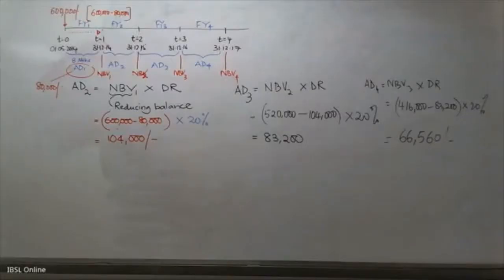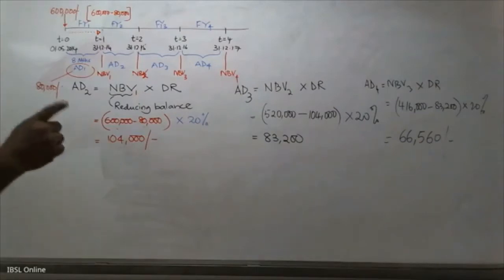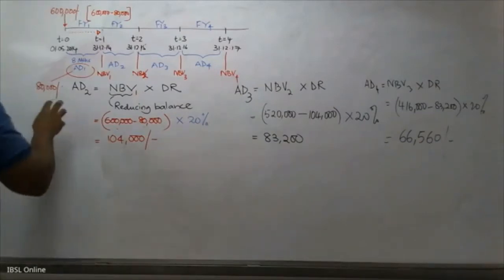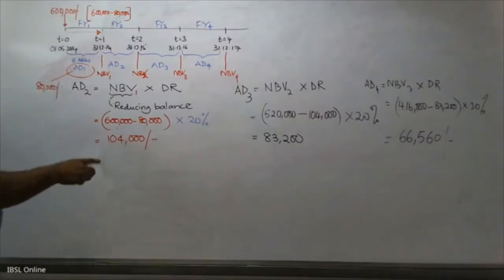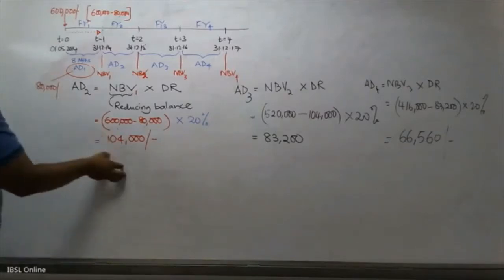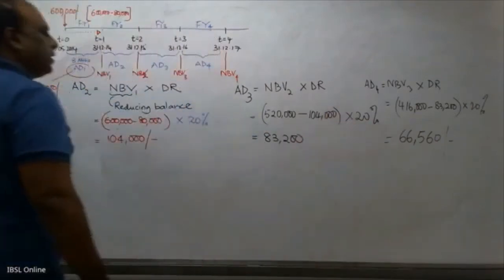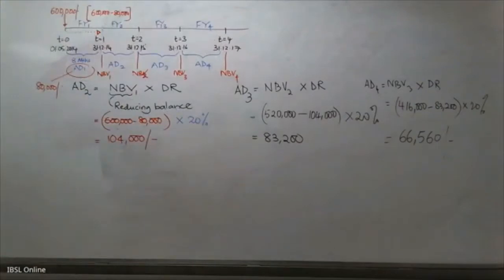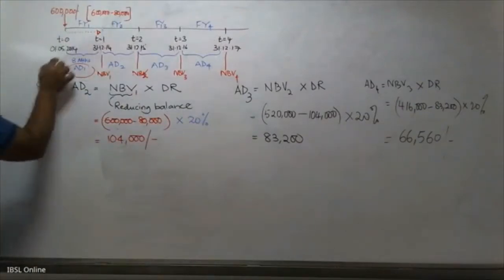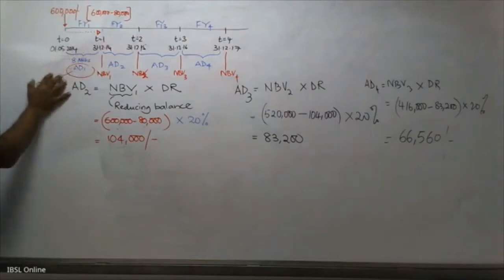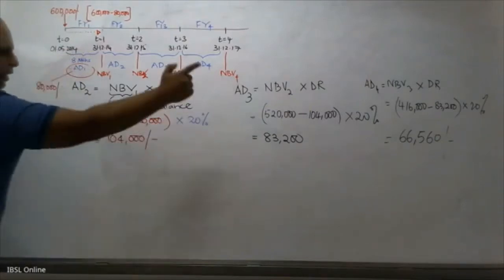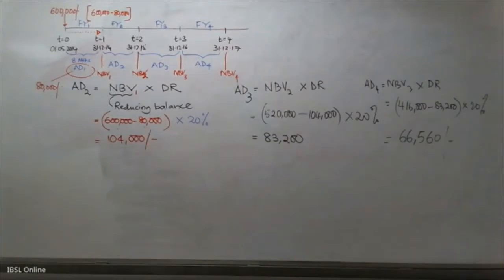Right? So we have answered the first part. First part is calculate the depreciation for every year. First year 80,000, second year 104,000, third year 83,200, fourth year 66,560. Right? Now leaving out the first year because that is only 8 months, keep it aside. The remaining depreciation, what can you say? It's reducing.